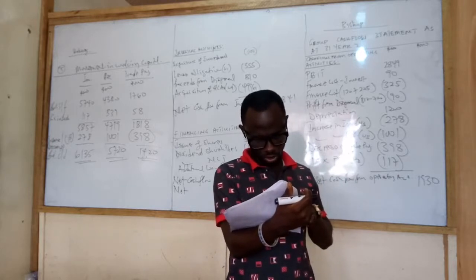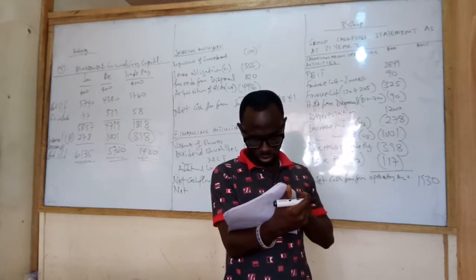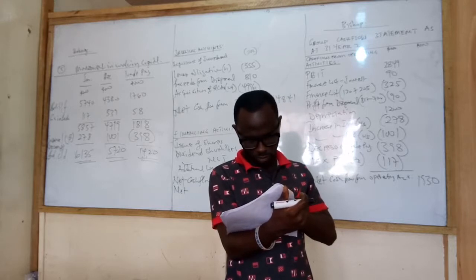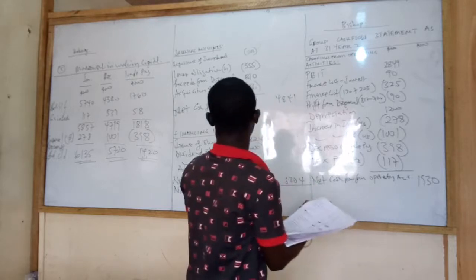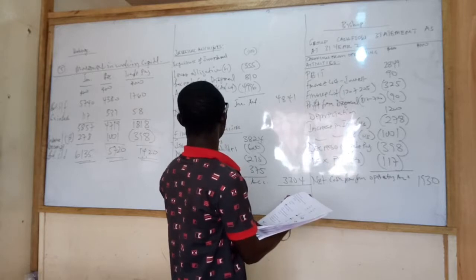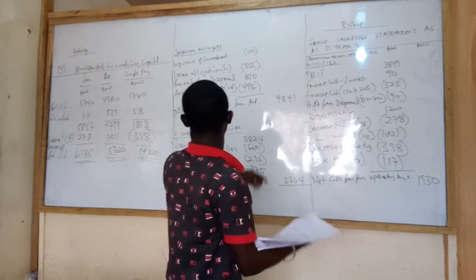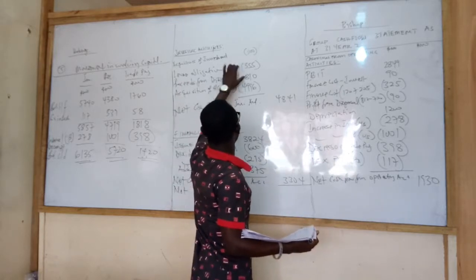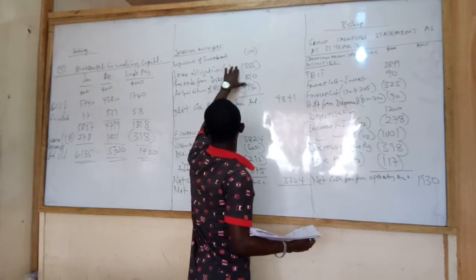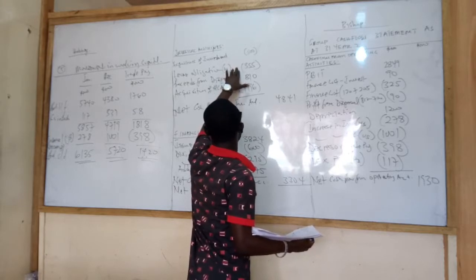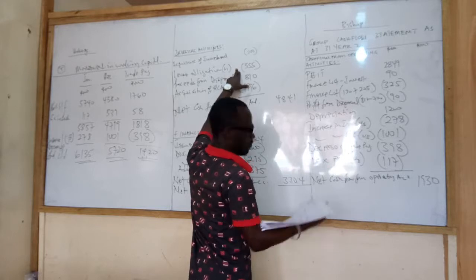Finance cost. 25. We had one. Where did we take this figure from? Lease obligation. Lease obligation account as 355.